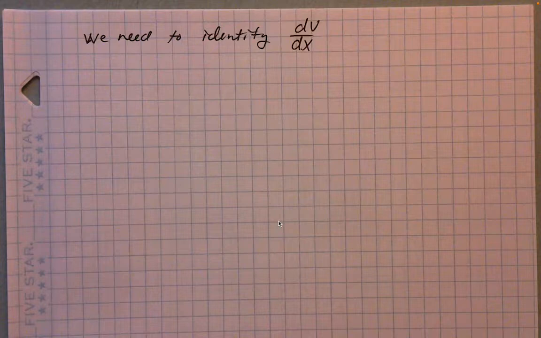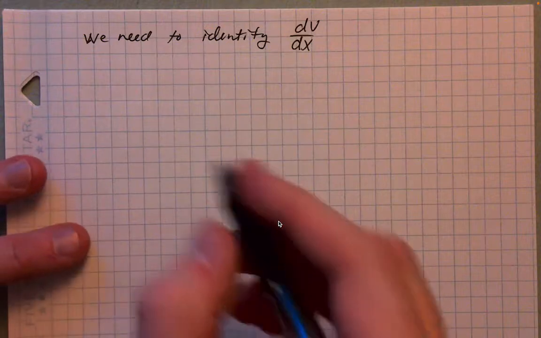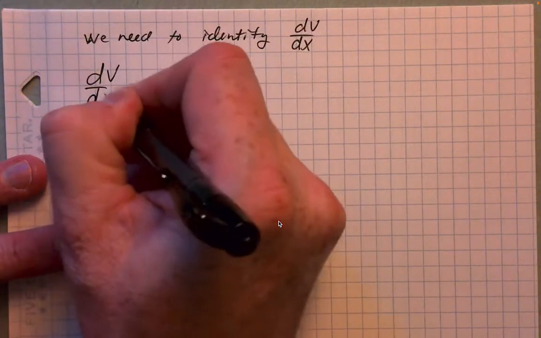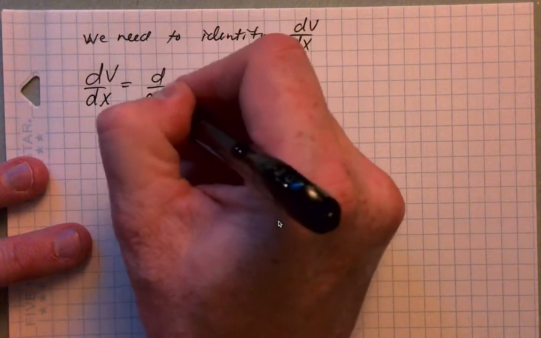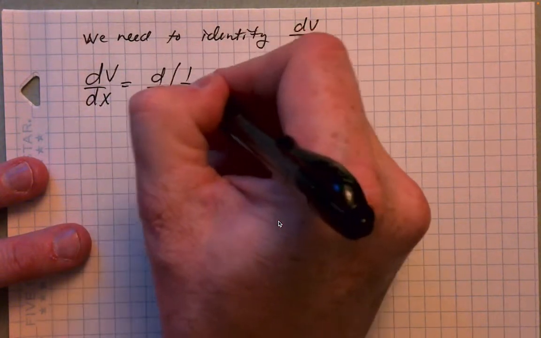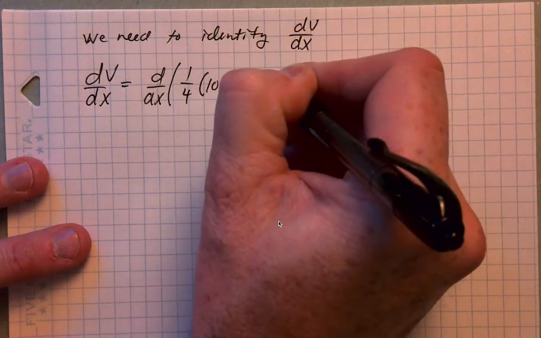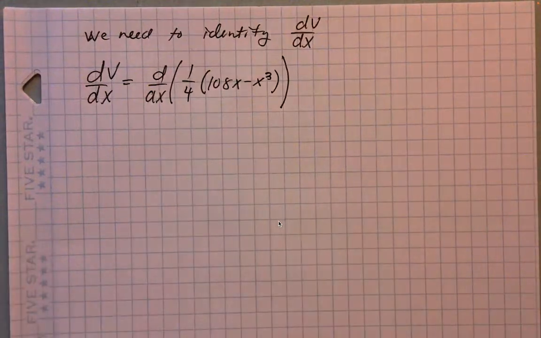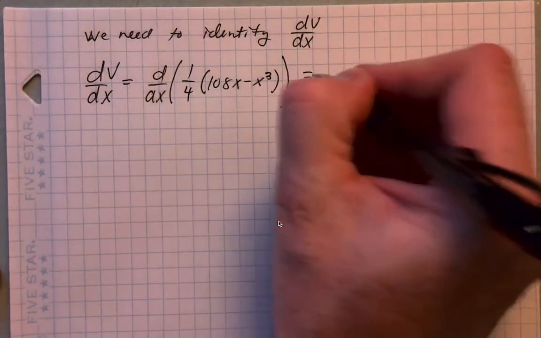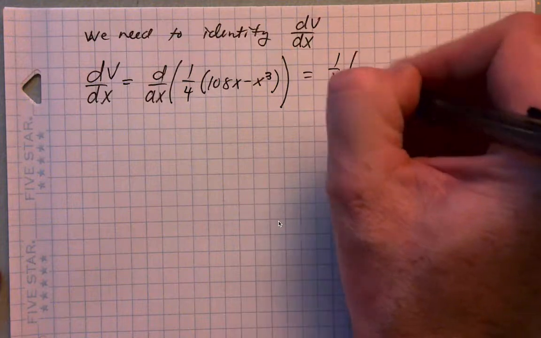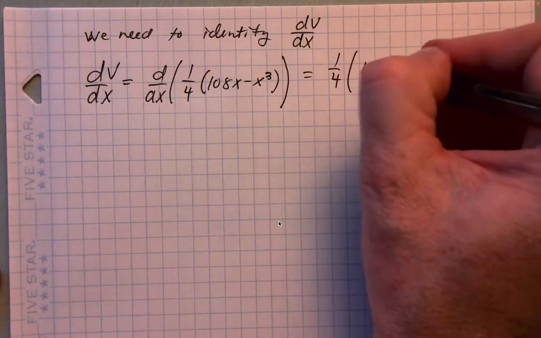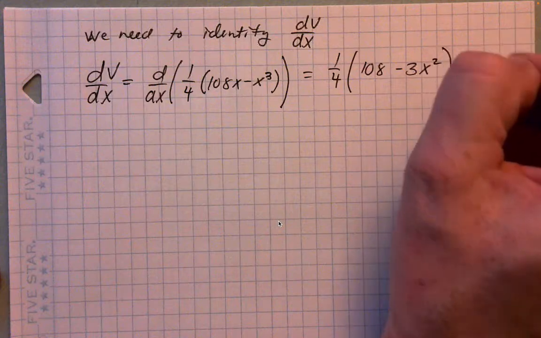Okay, and then as you change x, it's set up in such a way that the surface area constraint will also be maintained. Okay, so let's calculate dV/dx. And so that's d/dx of 1/4 times 108x minus x cubed. Okay, so that's our derivative, and we can easily differentiate this. And so you get 108 minus 3x squared.